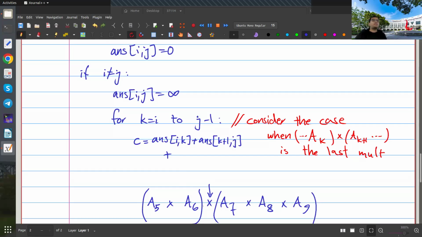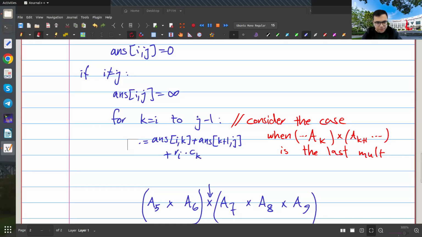But the cost of this last multiplication is, again, just based on the number of rows and columns on each side. So how many rows do I have? I have as many rows as the first matrix here, so that would be R sub i, the number of rows. And then the number of columns is the number of columns of the last matrix here, so that's C sub k.